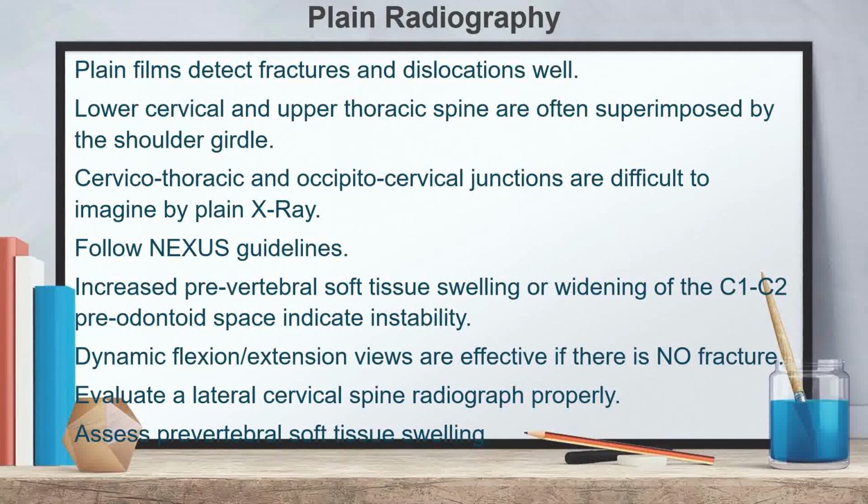Subtle findings like increased prevertebral soft tissue swelling or widening of the C1-C2 pre-odontoid space indicate potentially unstable cervical spine injuries that may have serious consequences if they are not detected. Dynamic flexion extension views are safe and effective for detecting occult ligamentous injury of the cervical spine if there is no fracture.